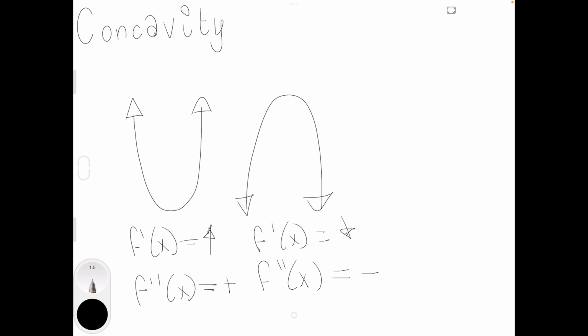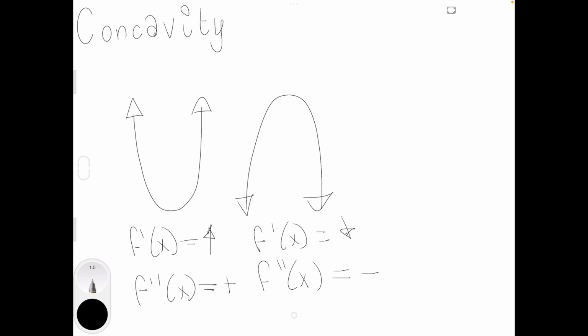So there is an important term here, and it's called the inflection point. An inflection point is where the function changes concavity. In order for the point to be an inflection point, the point has to lie in the domain of f of x.